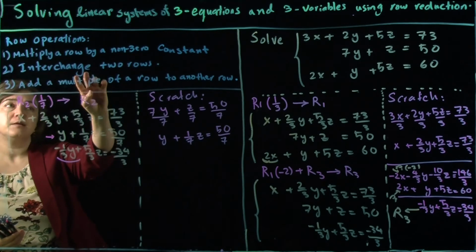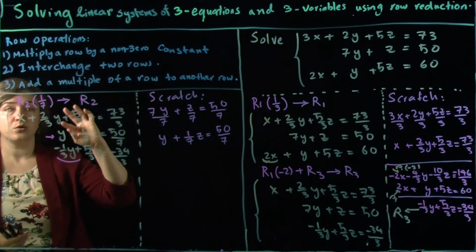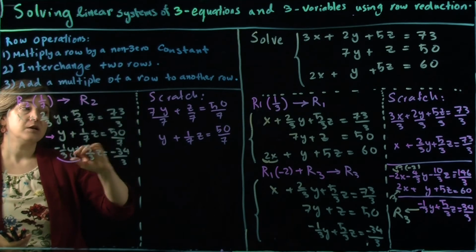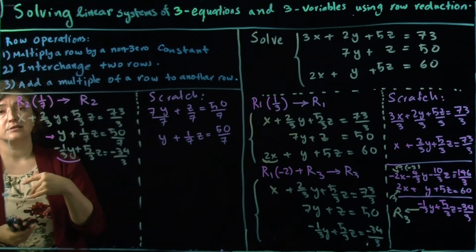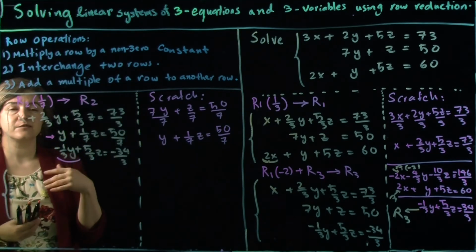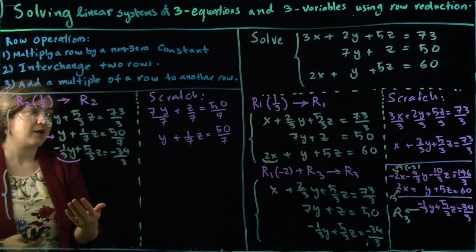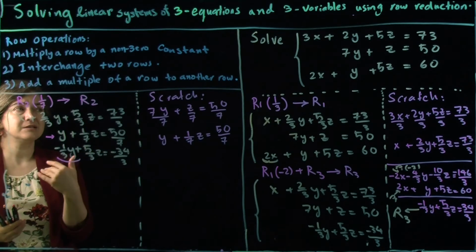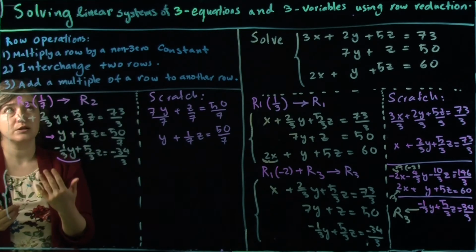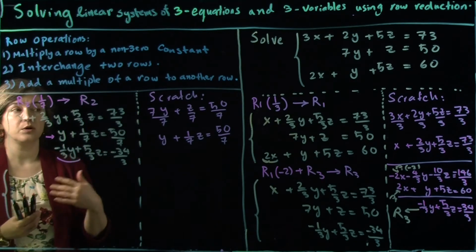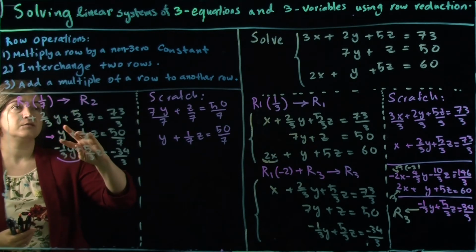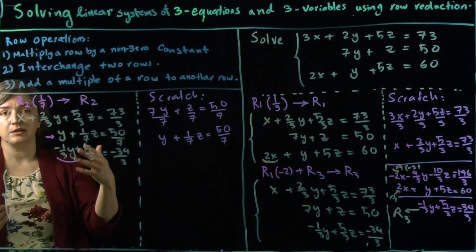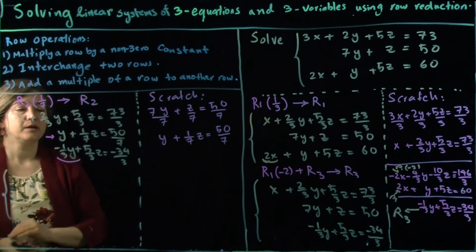And you can sometimes interchange 2 rows to make it easier on you, let's say if there are fewer fractions that you have to deal with. Usually, if you're not worried about the fractions, interchanging 2 rows doesn't make a whole lot of difference at this step.